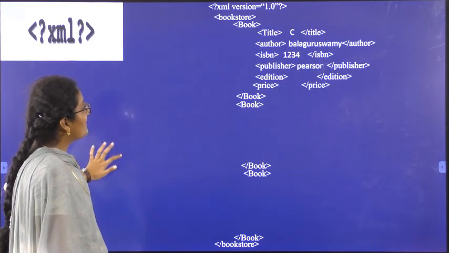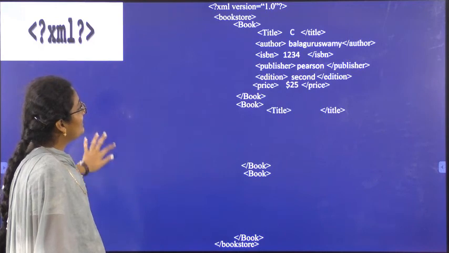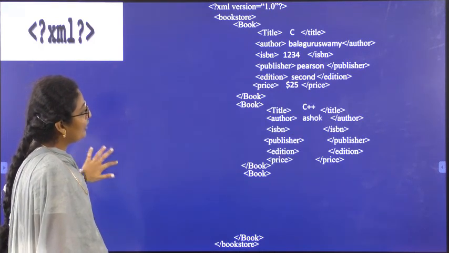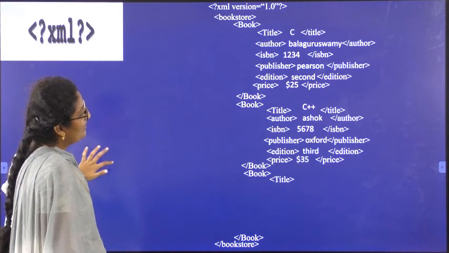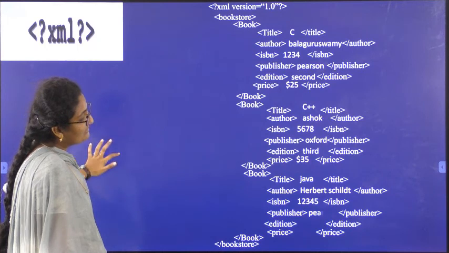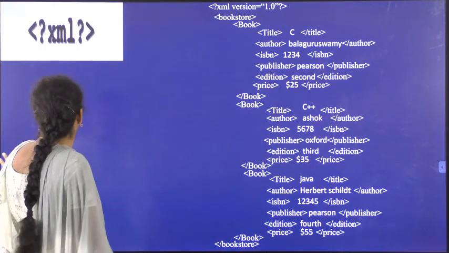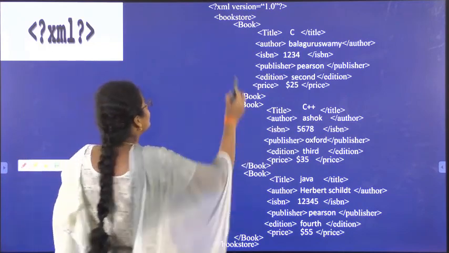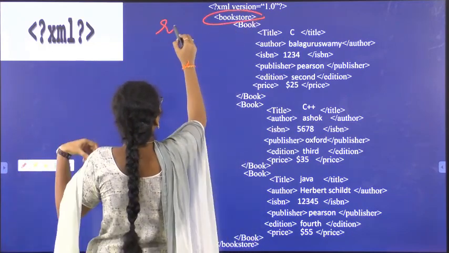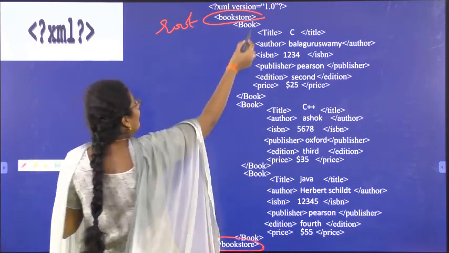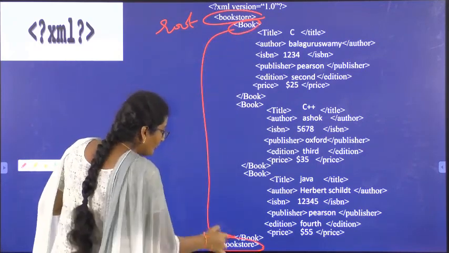So C language, Balaguruswamy, Pearson, 2nd edition, $25. Likewise, however many elements we want, we can insert. So our own tags we can create. Since I am talking about library management system, bookstore is my root element and closing of bookstore. Book is my sub-root element and closing of book tag.